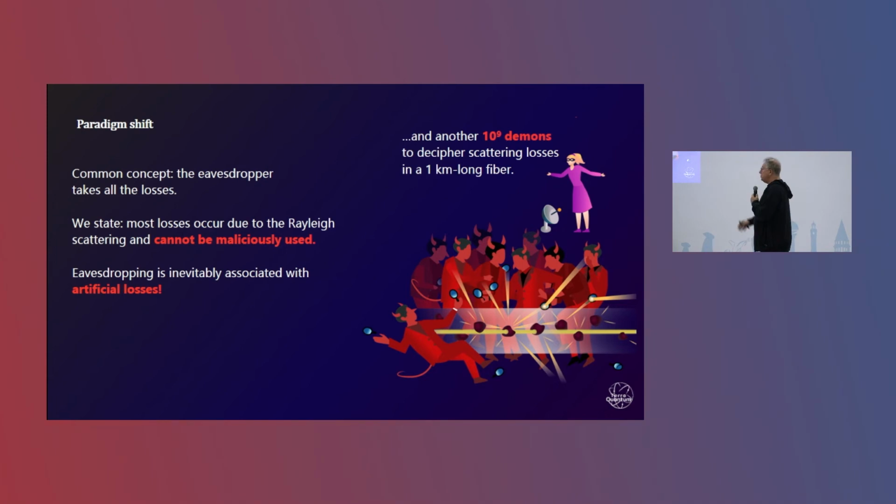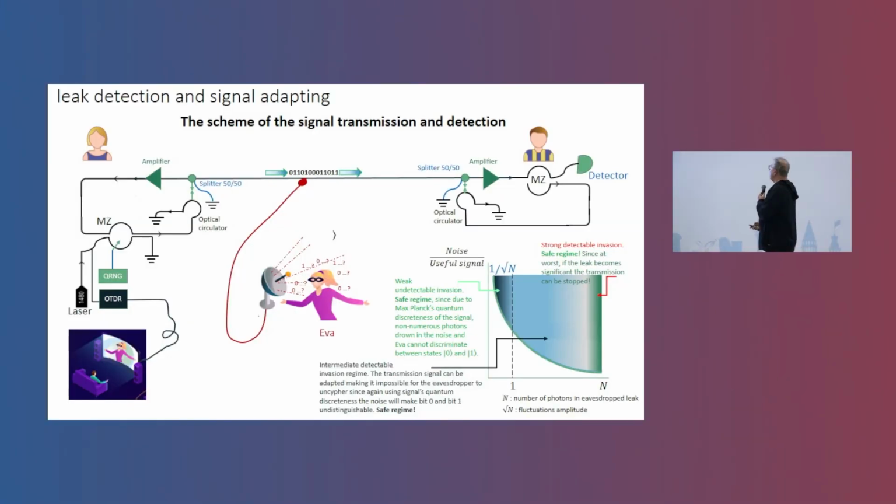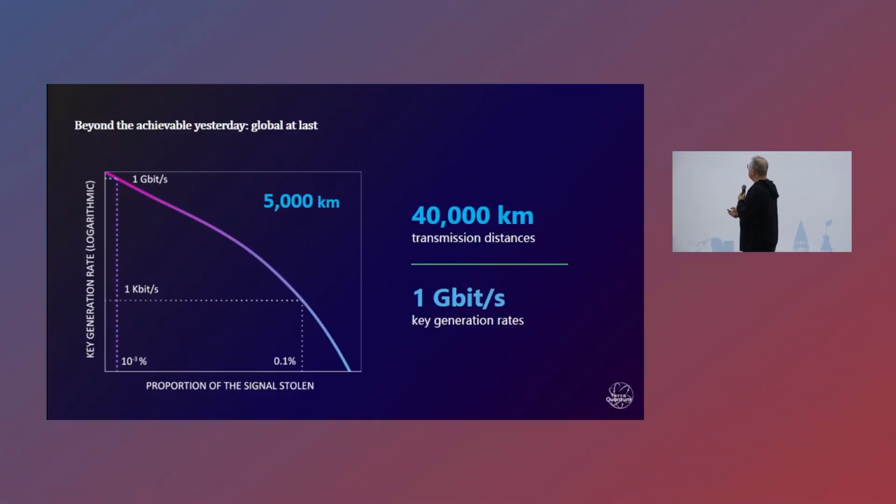Our approach was completely different. We took an approach based not on mathematical tricks but on physics, and on the fact that we can completely control the line of communication, the fiber optics, over long distances. Since we can control it, we can immediately find the moment when we have interference.